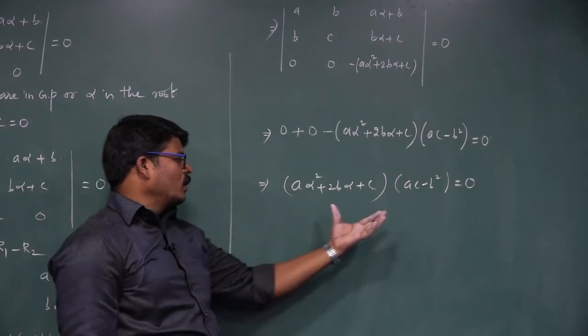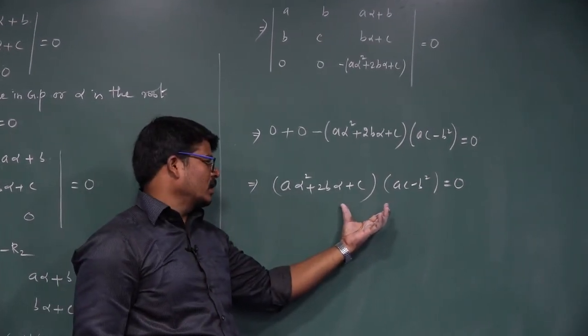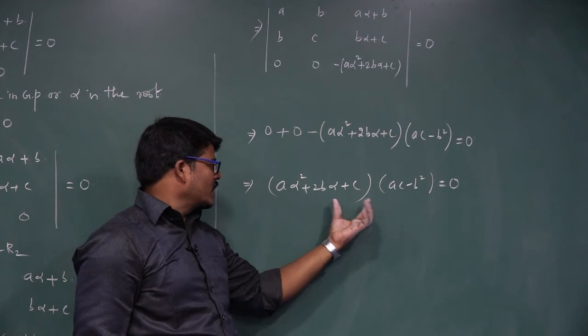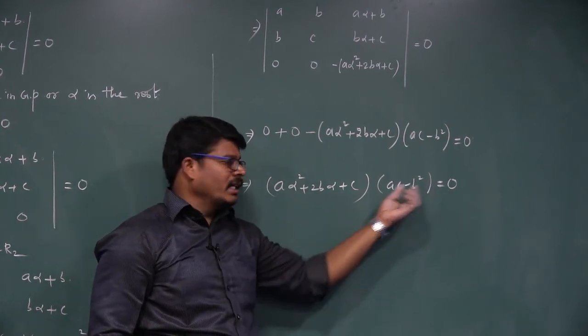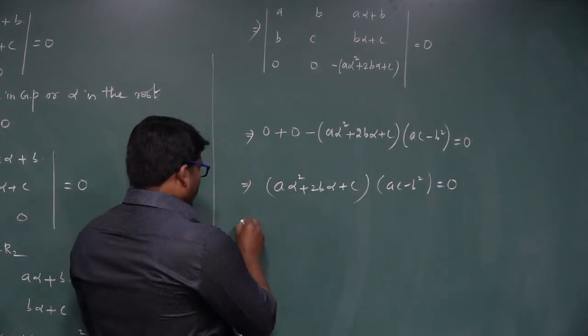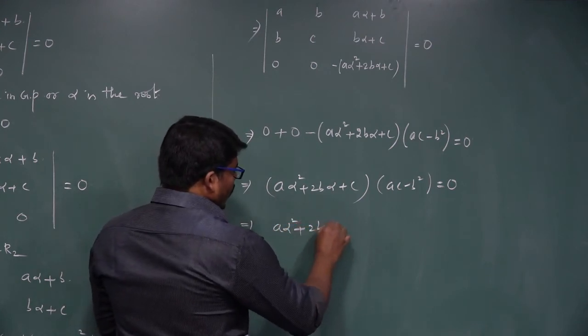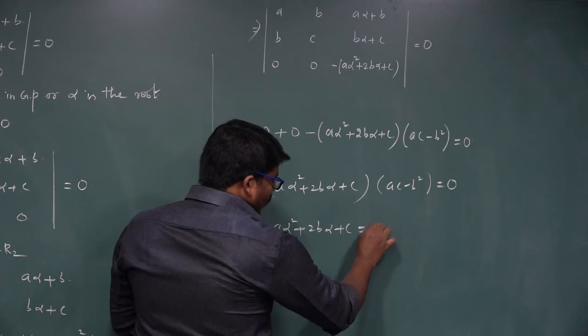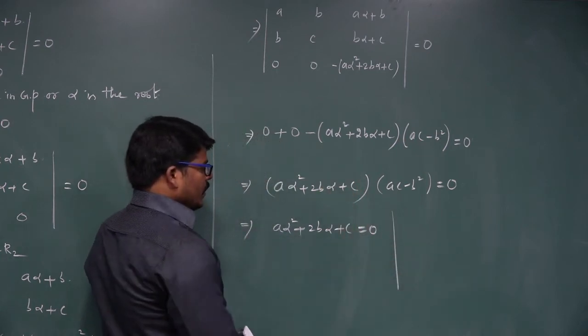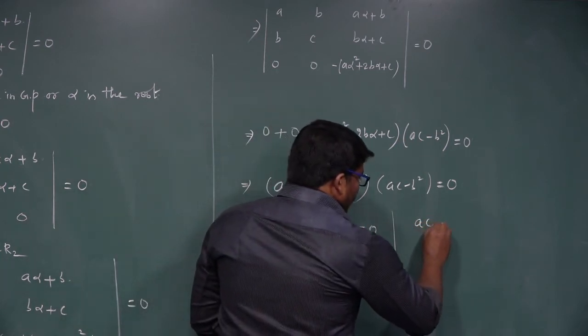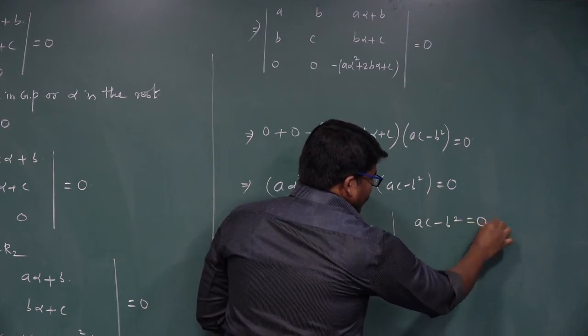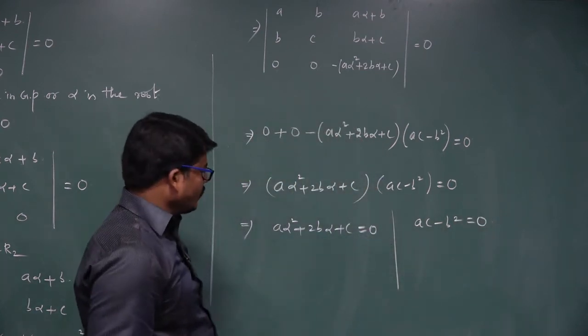Getting two factors, two values. First one equating 0: A alpha square plus 2B alpha plus C equal to 0, and the second one AC minus B square equal to 0.